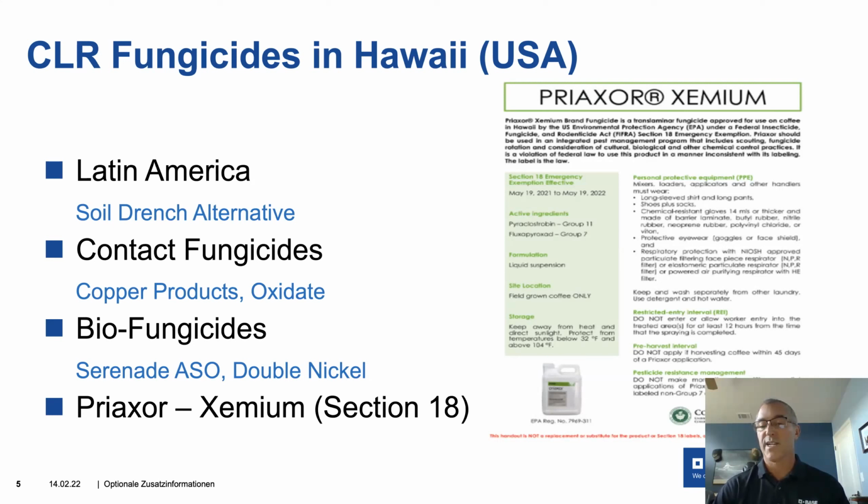Mostly they're working to help outcompete the bad fungus spores, in this case, coffee leaf rust, on the outside of the leaf. And to some degree, they make metabolites that can attack the fungus. But again, preventative, that's the key, preventative. And lastly, you have the new Section 18 from last May on Priaxor.